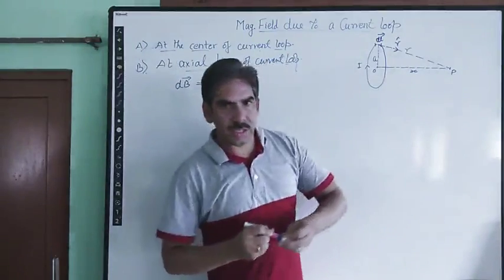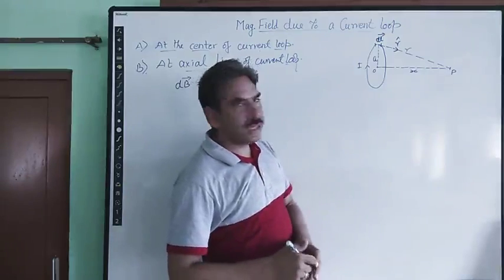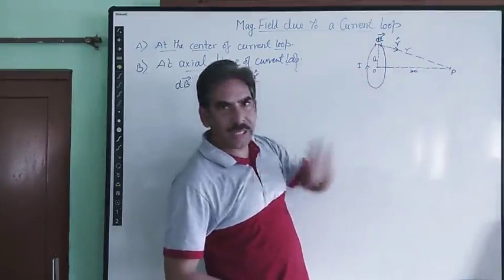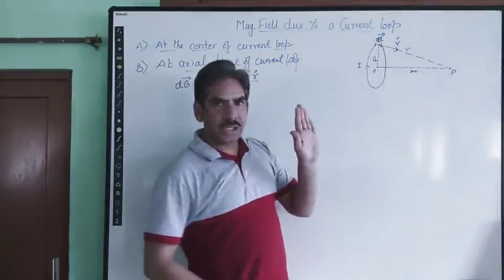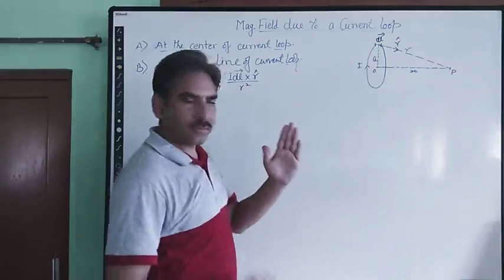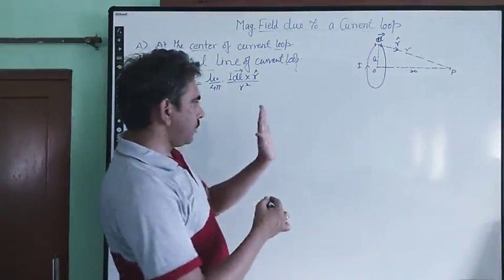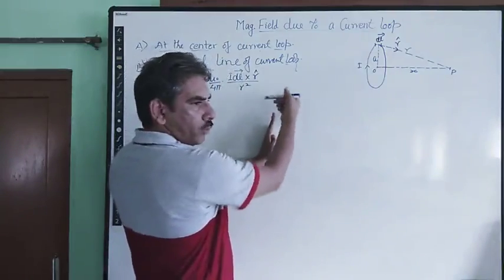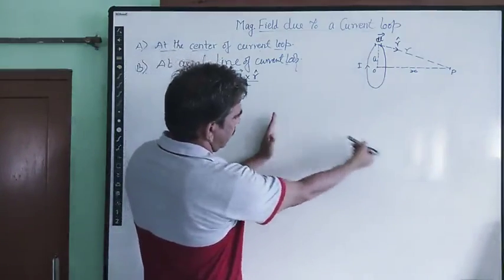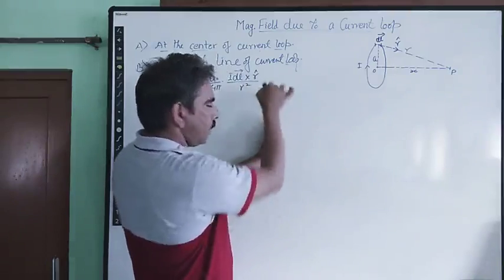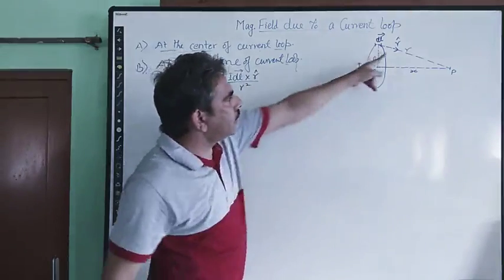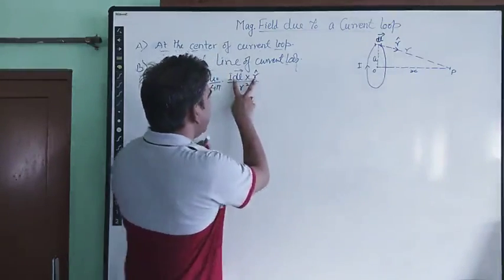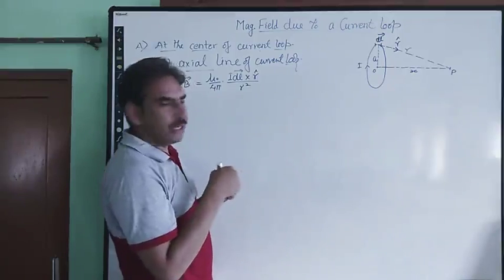Now if you concentrate well, you will observe that the angle between dl and R will be 90 degrees. This is the circular loop, and it is held perpendicular to the plane of the board, so this loop will make an angle of 90 degrees with the position vector of point P. So the angle between I dl and the R unit vector will be 90 degrees.